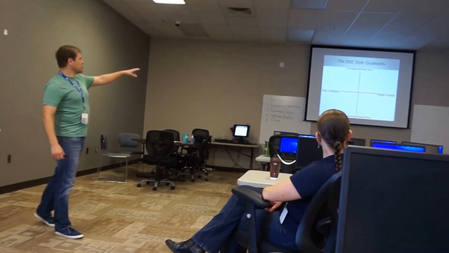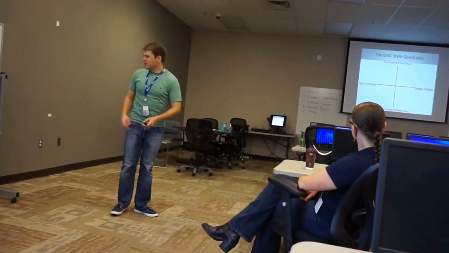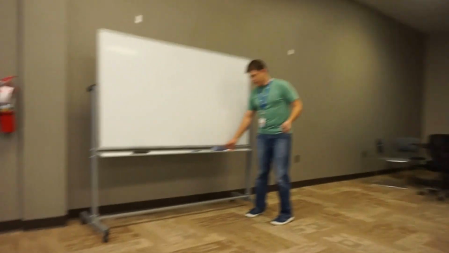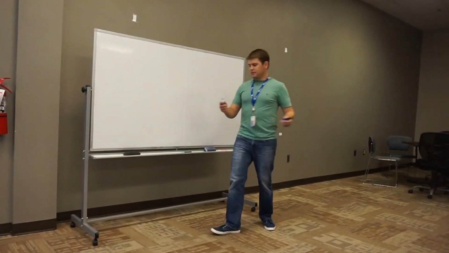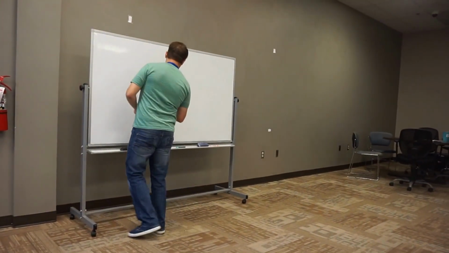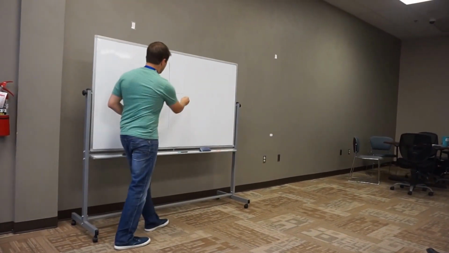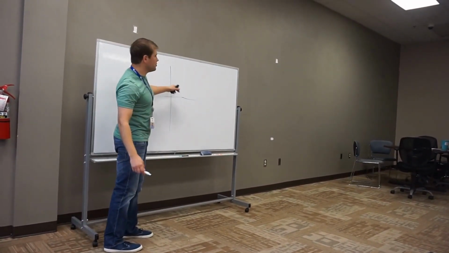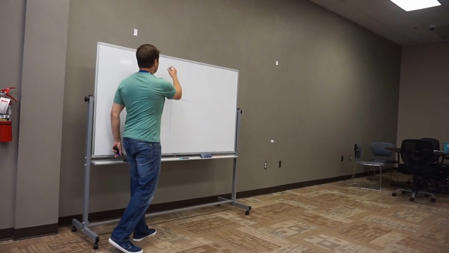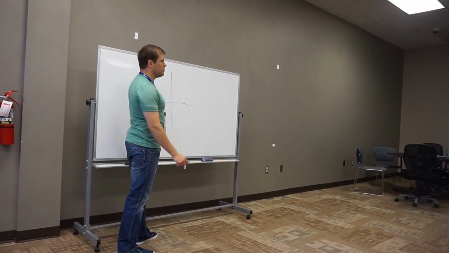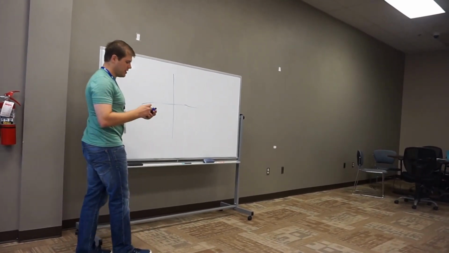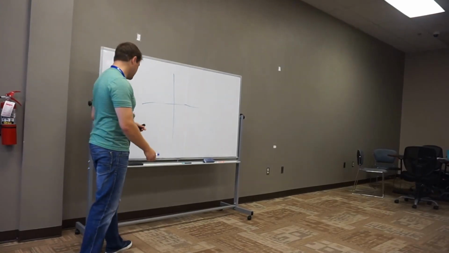Remember when we talked about extroverted and introverted? So we've got our quadrants. It's like a little cross, like right there. And we have our quadrants, 1, 2, 3, 4. You have your extroverted, fast pace up top, introverted, slow pace, and people and task oriented.